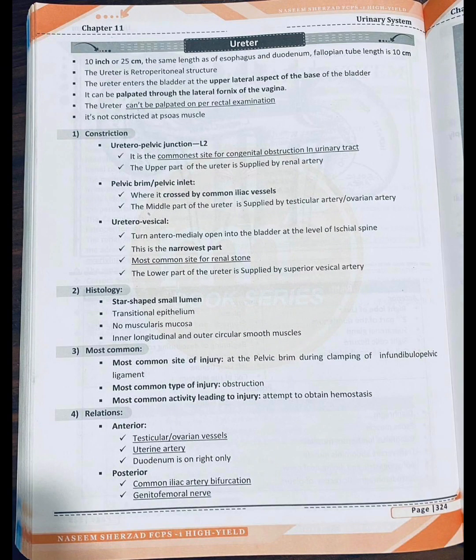Now coming to the embryology, because that's also clinically important, and for the various anomalies a good understanding of embryology is important. The ureter actually arises when the ureteric bud arises from the mesonephric duct.